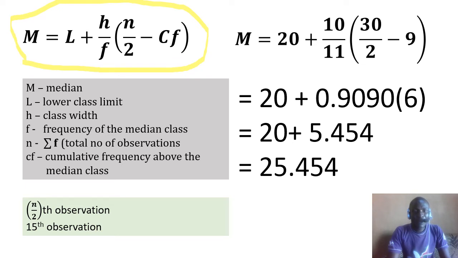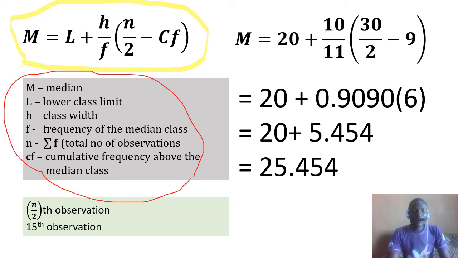Median is equal to the lower class limit plus H, which is the class height, all over F, which is the frequency of the median class, all that multiplied by N, which is the total number of observations, all over 2, minus the cumulative frequency above the median class. This simply means the cumulative frequency above the median class. You can check with this. I've given some explanation here. They can help you understand exactly what we are going to do.